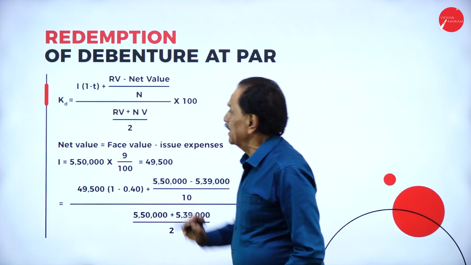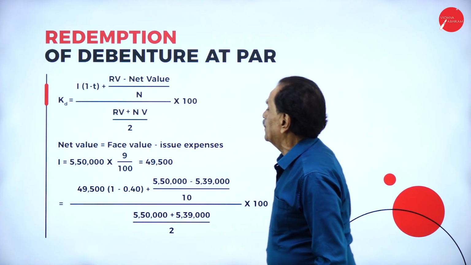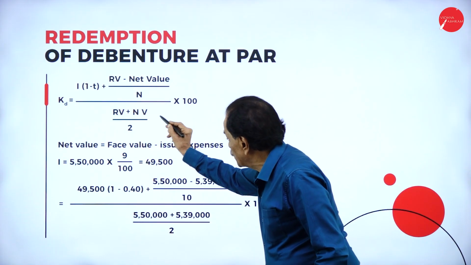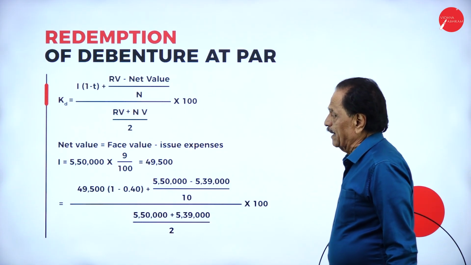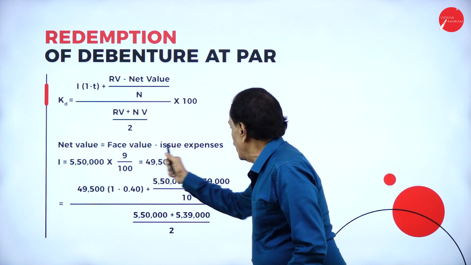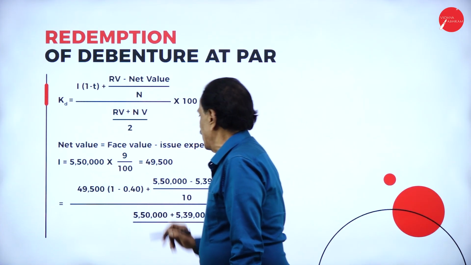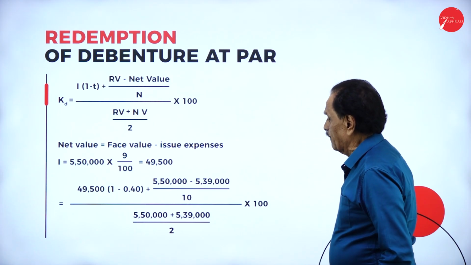I into 1 minus T, redeemable value minus net value divided by N, whole divided by redeemable value plus net value divided by 2, into 100. Your net value is face value minus issue expenses. Here 9% is there, so I is equal to 49,500.